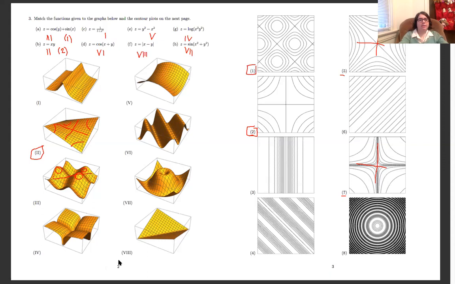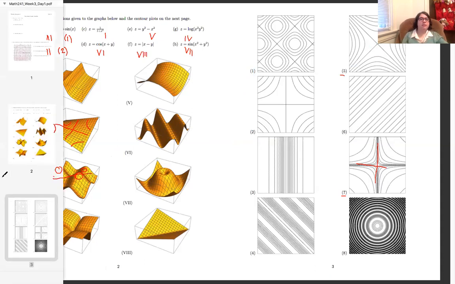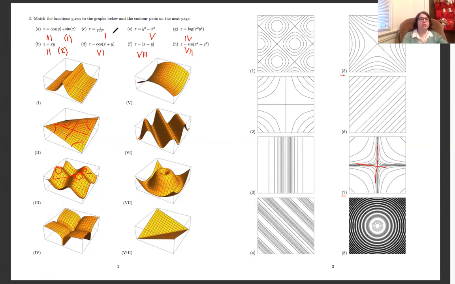All right, let's see if we can erase some of these scribbles. And let's look at C, which matches graph 1. In this case, I'm expecting when I cut across in Z to get straight lines.